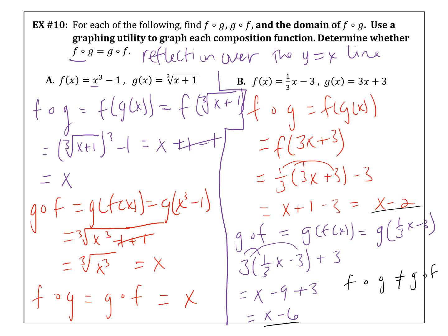So this is an example of when f composed of g equals g composed of f, your result is going to be x. And if f composed of g doesn't equal g composed of f, then your results can be anything, as long as they're not equal to each other.